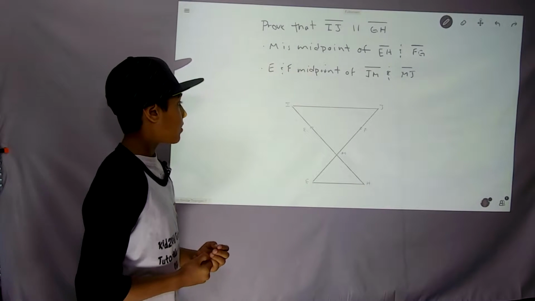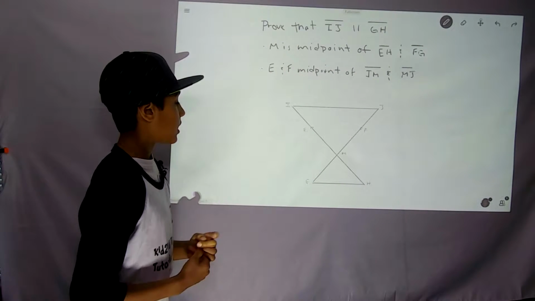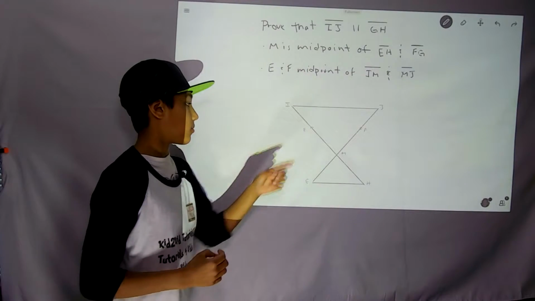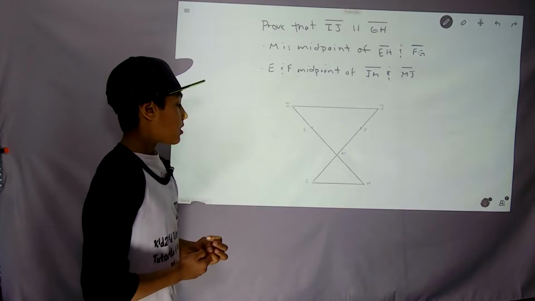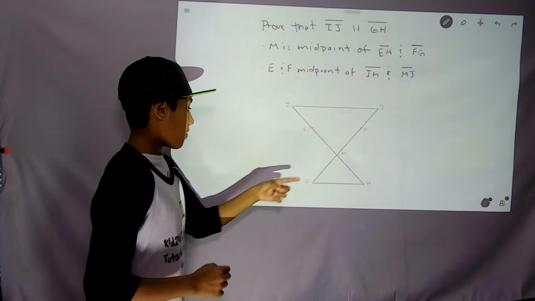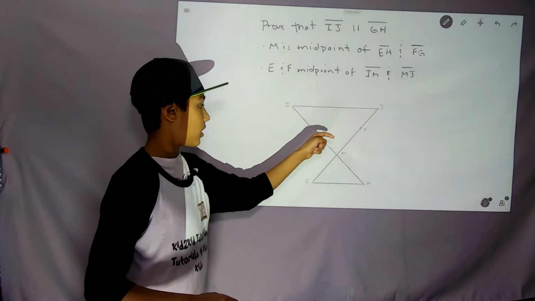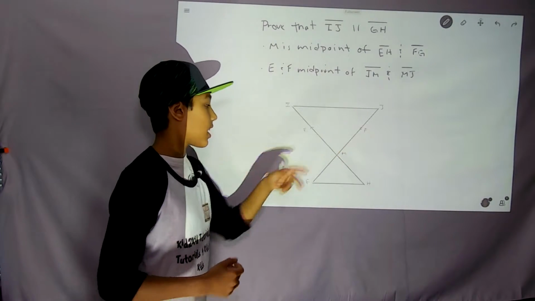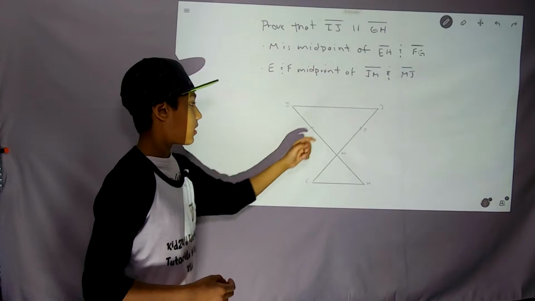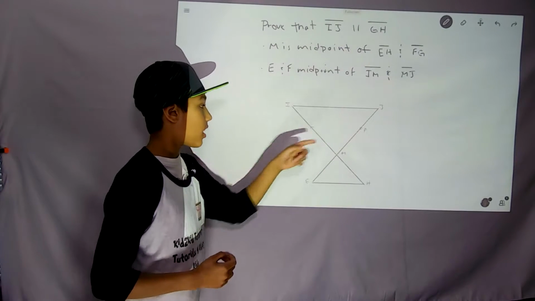So we know that M is the midpoint of EH and FG, E is the midpoint of IM, and F is the midpoint of MJ. Since M is the midpoint of FG, GM is equal to FM. And since F is the midpoint of JM, FJ is equal to FM.